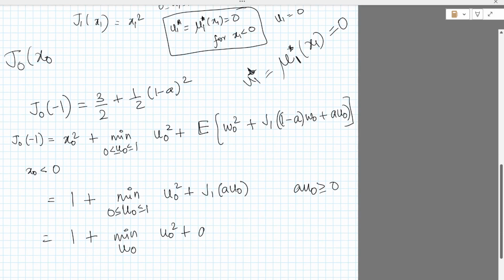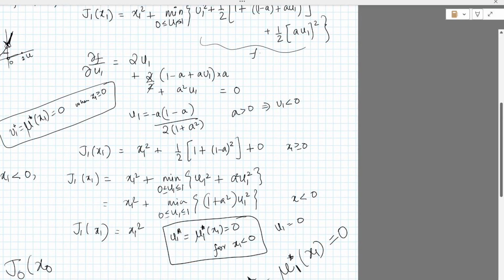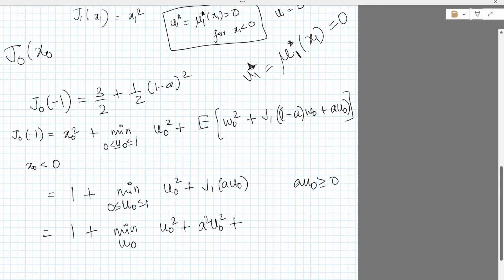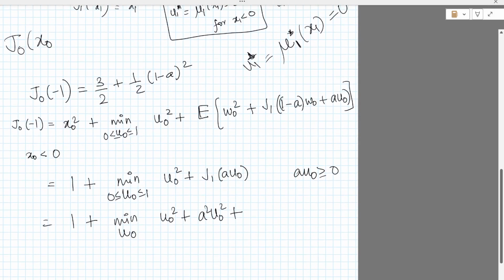So that is a square u naught square, that is our x1 square, plus half into this. So half plus half into 1 minus a square.